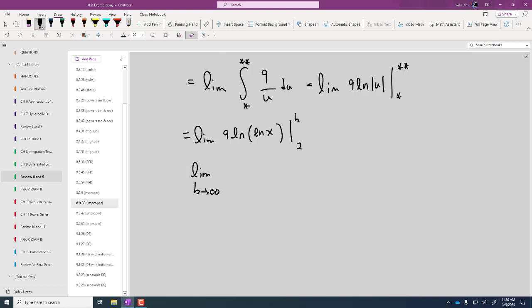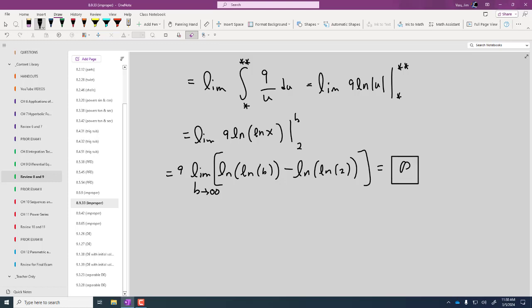It's easier to evaluate limits if there's not any extra junk in there. So we're going to have natural log of b minus natural log of 2. Taking that whole limit as b goes to infinity, that is infinity. Darn, it didn't converge. It wasn't enough.